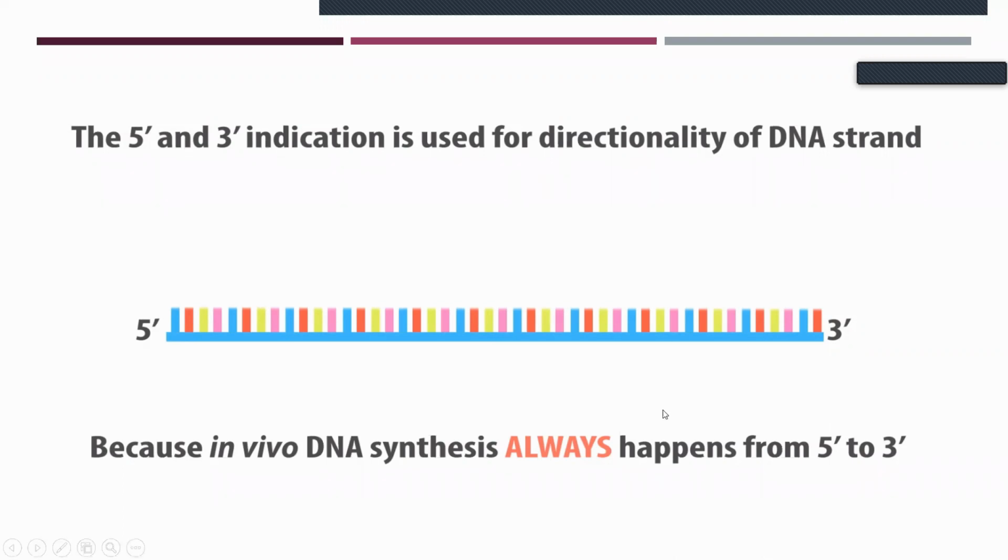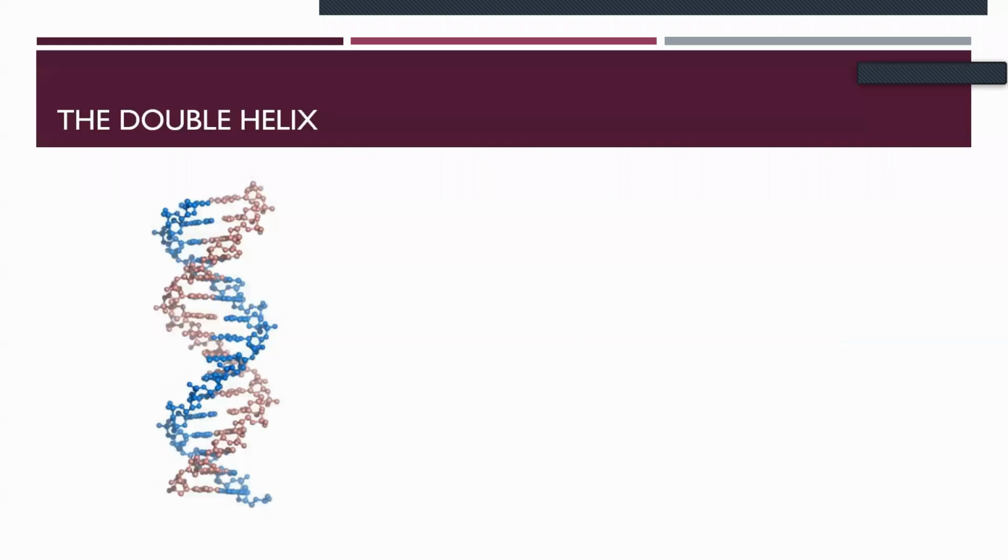Because in vivo, meaning in the body, the DNA is always synthesized from 5 to 3 direction. Okay, 5 to 3, never 3 to 5. So DNA synthesis starts at the 5 end and goes to the 3 end. This will be important when we study synthesis in detail. Right now the important rule is that DNA synthesis in the body always happens in the 5 to 3 direction.